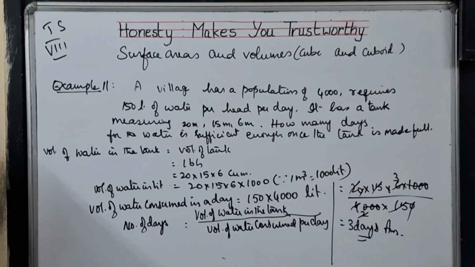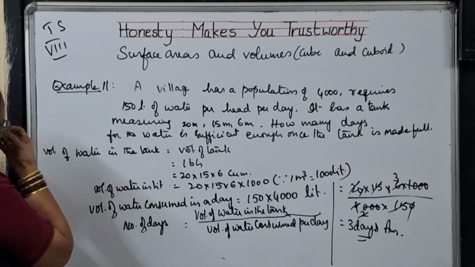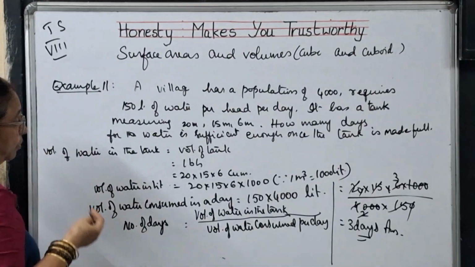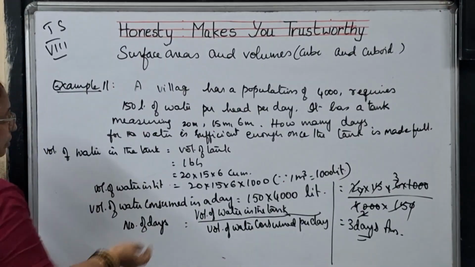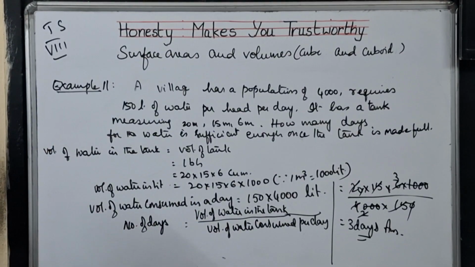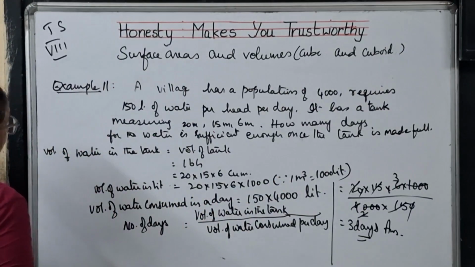That means first we should know how many liters of water are in the tank. The volume of water in the tank is nothing but the volume of the tank. So the volume in cubic meters should be converted into liters by multiplying by 1000.